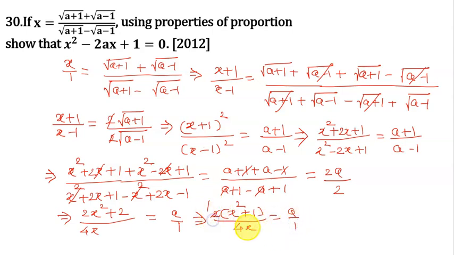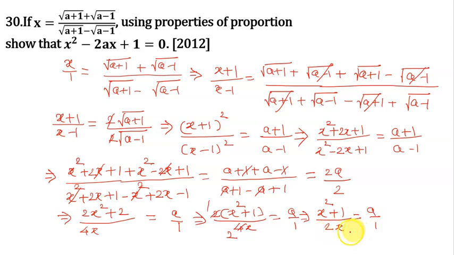Now here we will simplify: 2 ones are 2, 2 twos are 4. It implies that (x² + 1) upon 2x equals a upon 1.